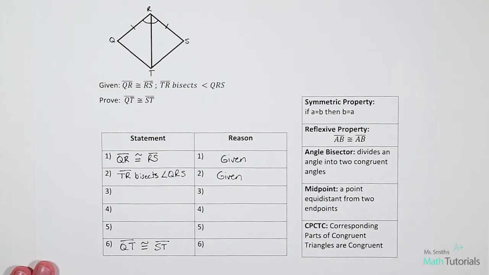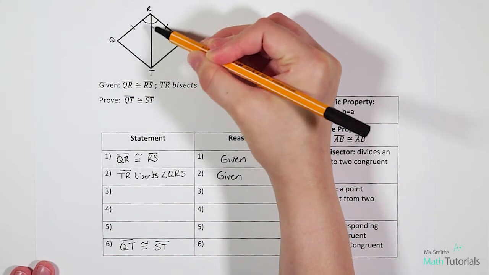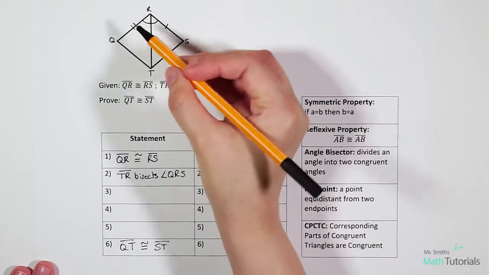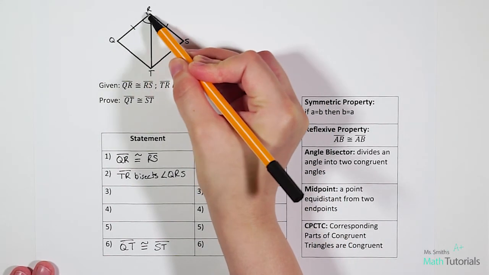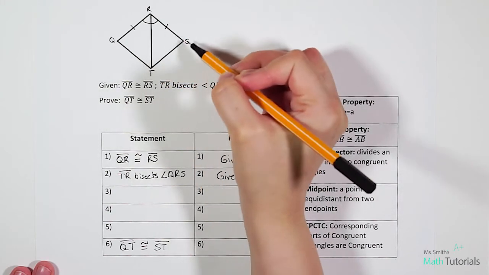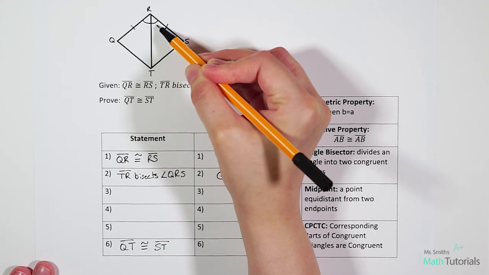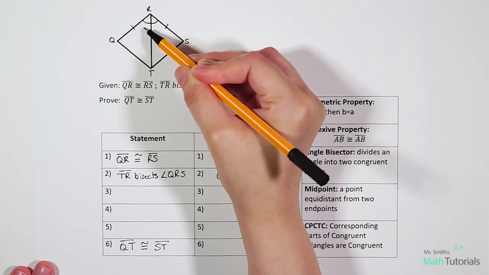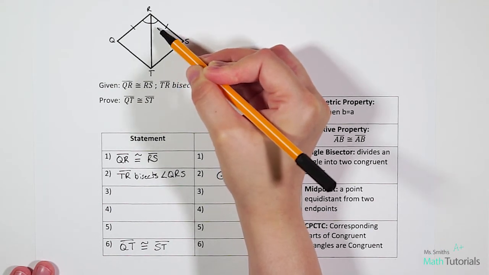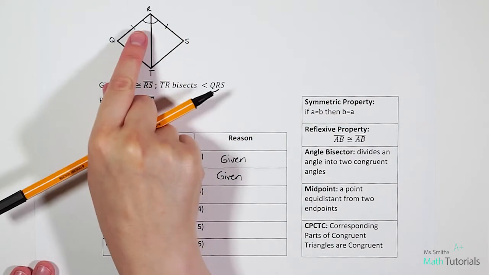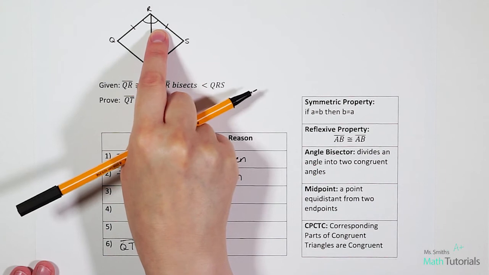And what that means is if we know that TR is an angle bisector, then we know that angle QRT and SRT are going to be equal to each other. So if this one is 30 degrees, then we know that this one is also 30 degrees. So let's go ahead and write those markings that I just created there.